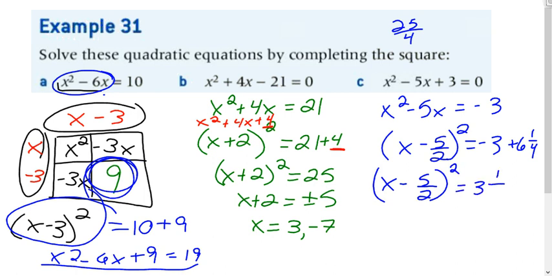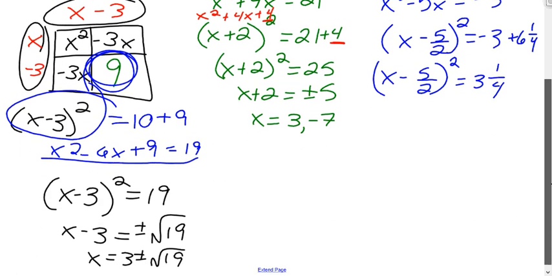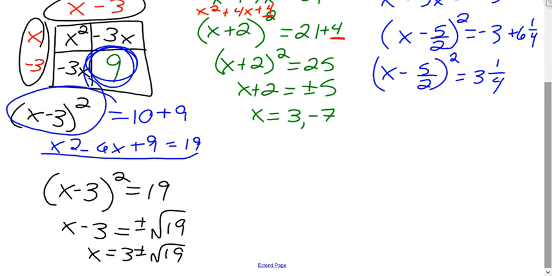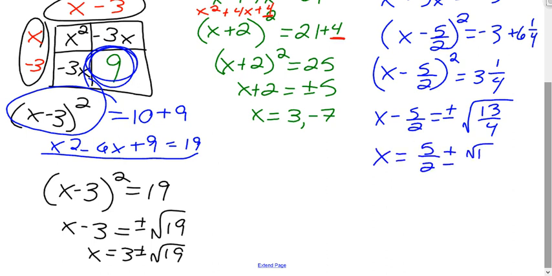And I know I'm going to lose some of you at this point, and don't worry, I can totally lose you because you'll never have to do this. I'm not going to force you to. Let's see, that's 13 fourths. That's the square root of 13 over 2.